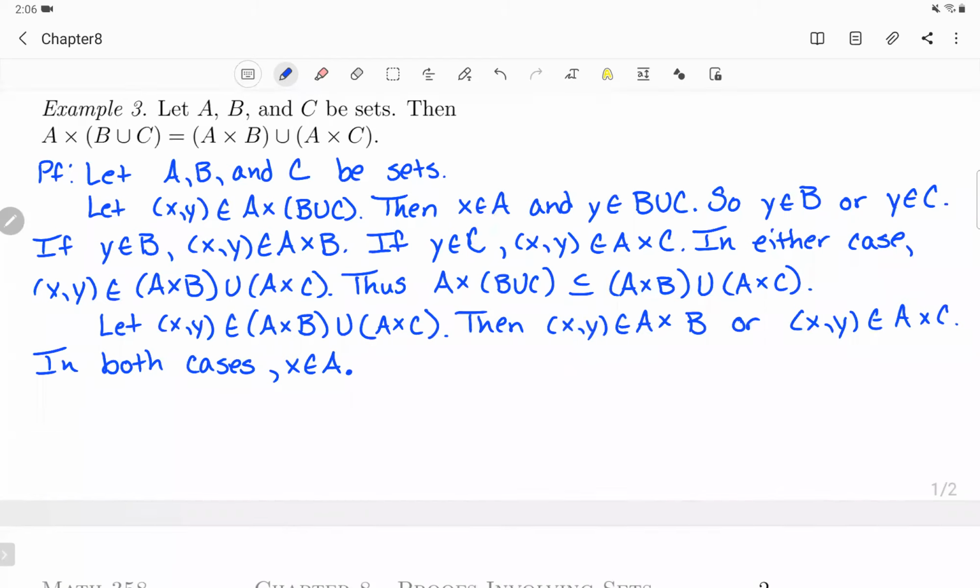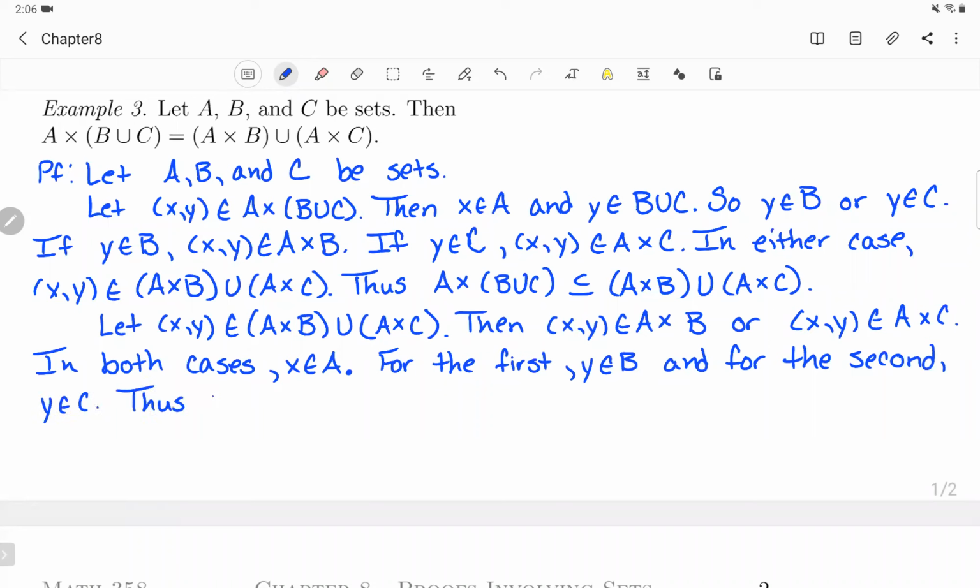Whether it's in A × B or A × C, that x came from A. For the first, y is in B, and for the second, y is in C. Thus, y is in B or y is in C, meaning y is in B ∪ C.